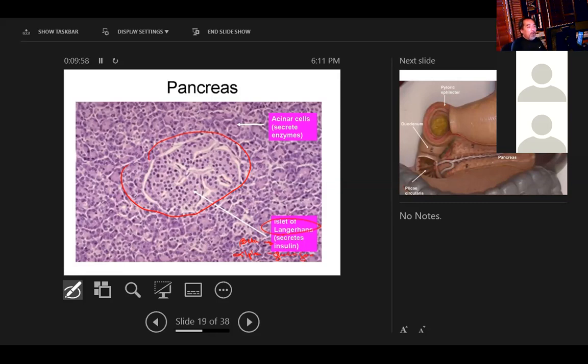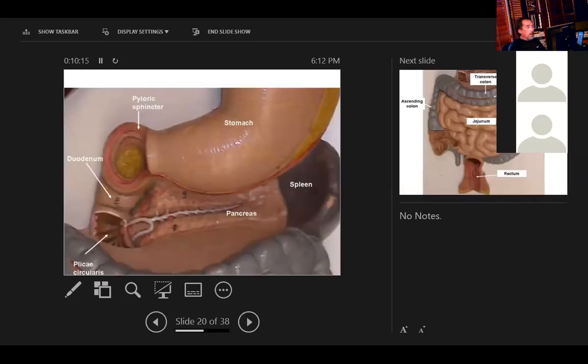And these are your acinar cells on tubes. So each of these are cells lining a tube, and they're the ones that secrete your enzymes. They're the ones that connect into the main pancreatic duct. Okay, so this gives you an example between the stomach and the duodenum.